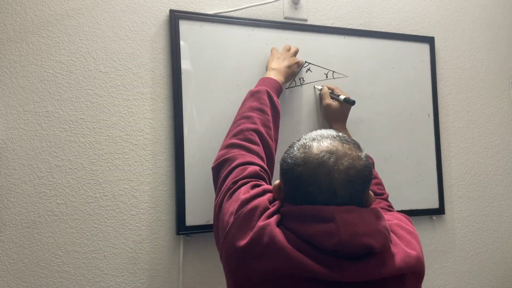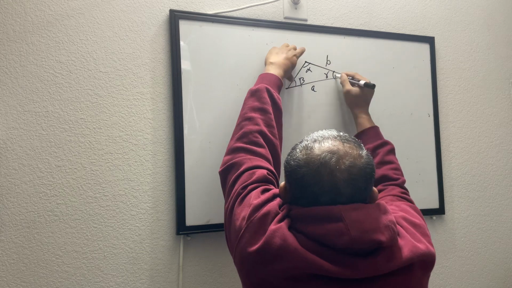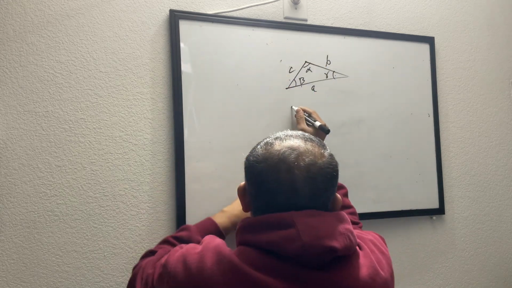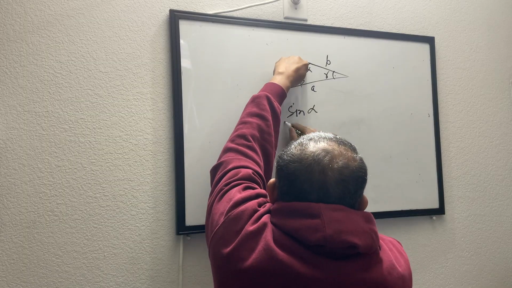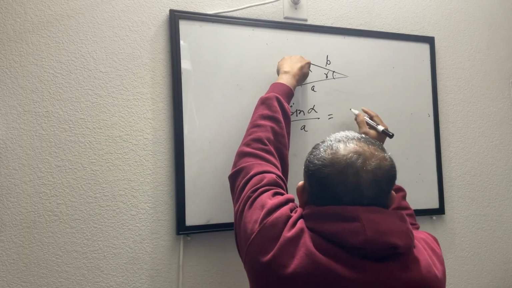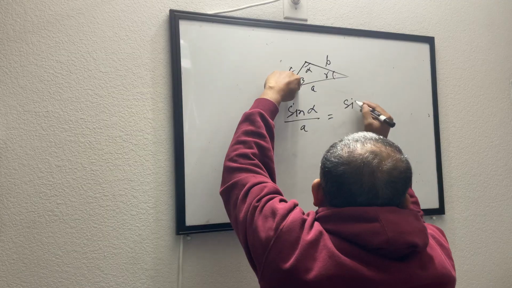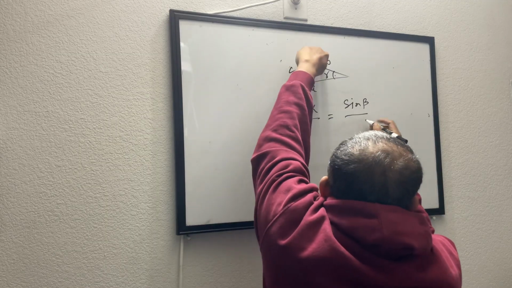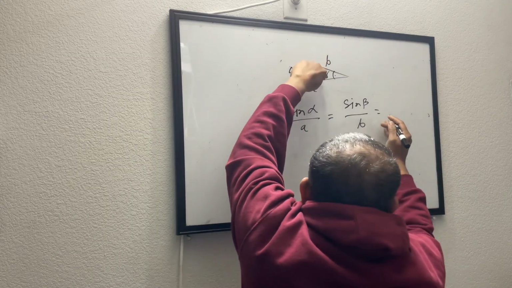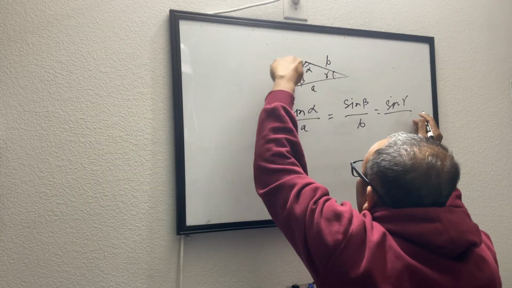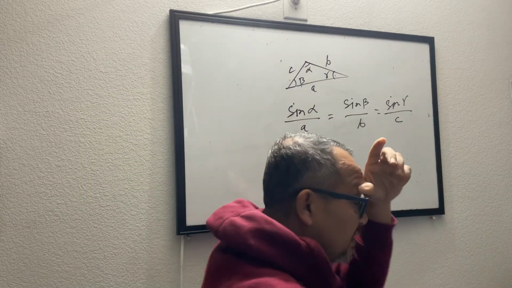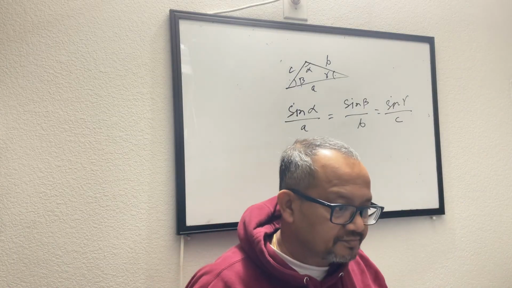So side opposite this is A, opposite this is B, opposite this is C. So law of sine says sine of alpha divided by A equals sine of beta divided by the opposite side B equals sine of gamma divided by opposite side C. This becomes our law of sine.